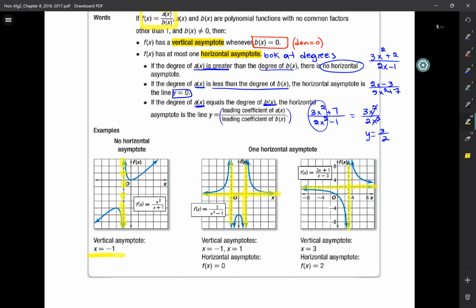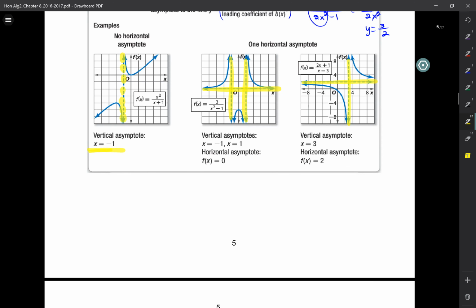One common misconception that I want to knock out of the park first before we do anything else. When you've got a vertical asymptote, there is no way under any circumstances that the graph could ever hit that asymptote. There's no way. Okay?